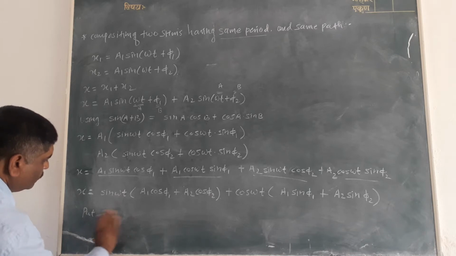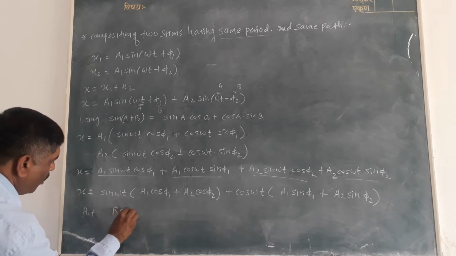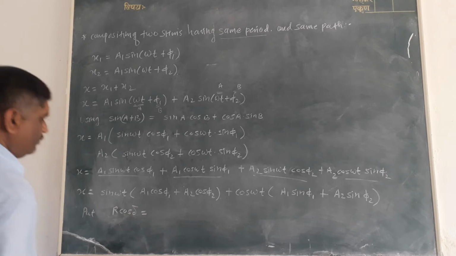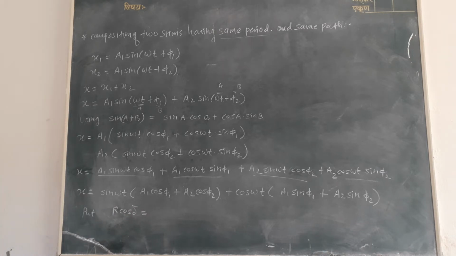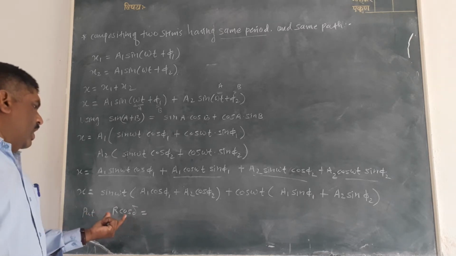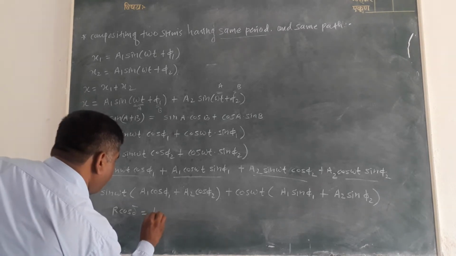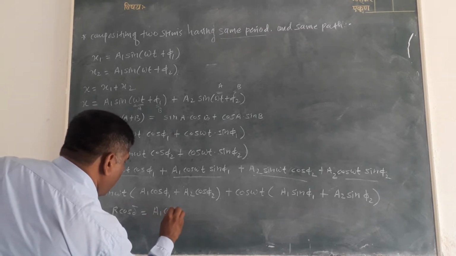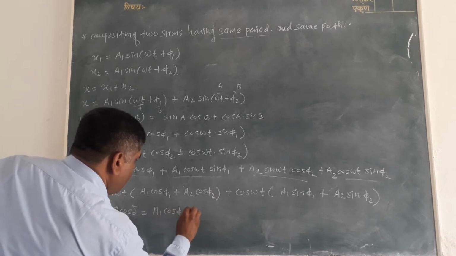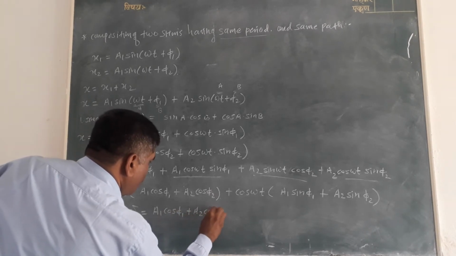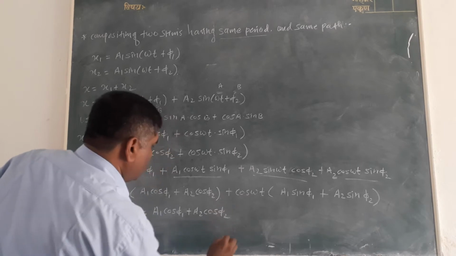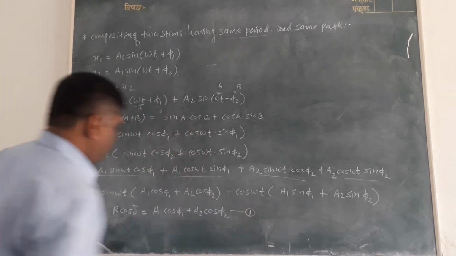Now put r cos delta. This is very important putting. R cos delta is equal to a1 cos phi 1 plus a2 cos phi 2. So equation number 1.